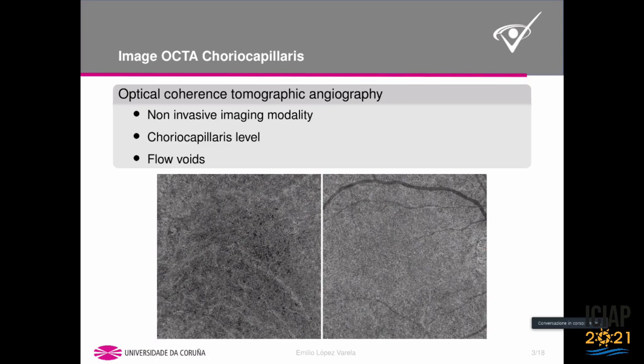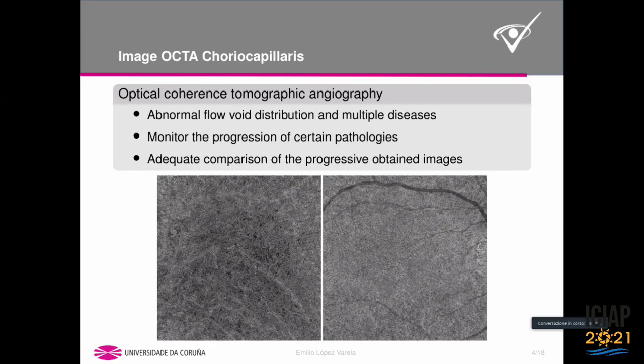The interesting thing here is that the distribution of these flow voids has been correlated with the occurrence of multiple diseases. So it has a special interest and great potential to be used as a biomarker.